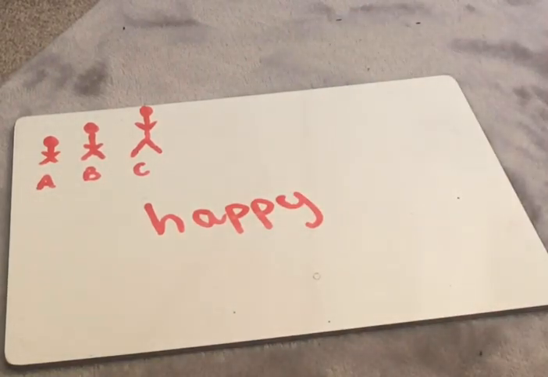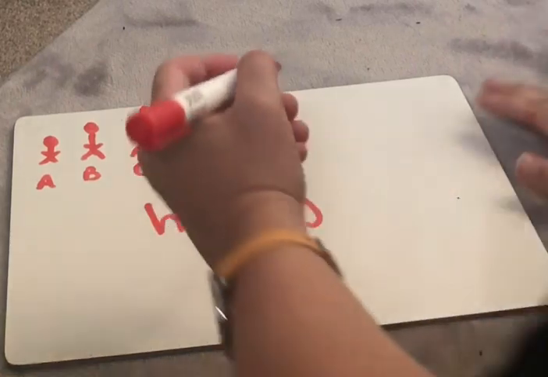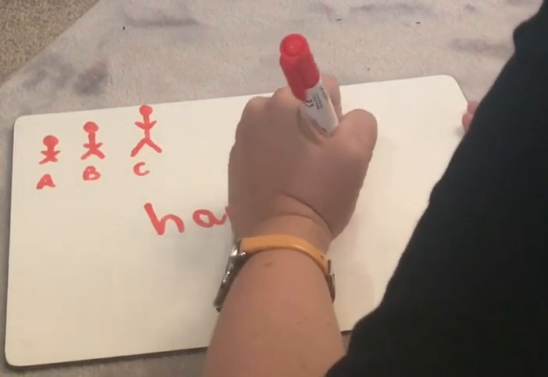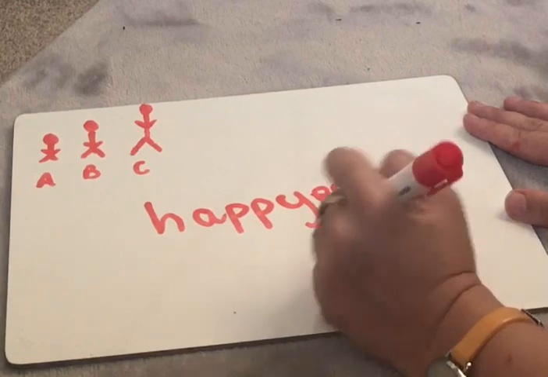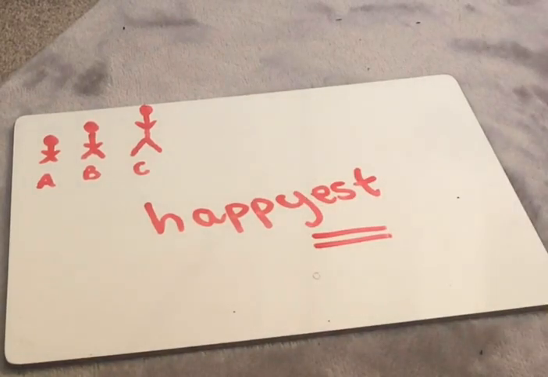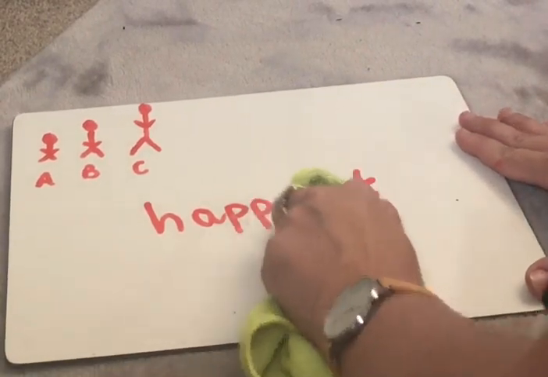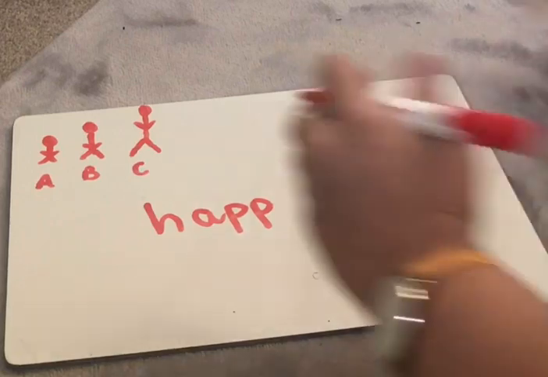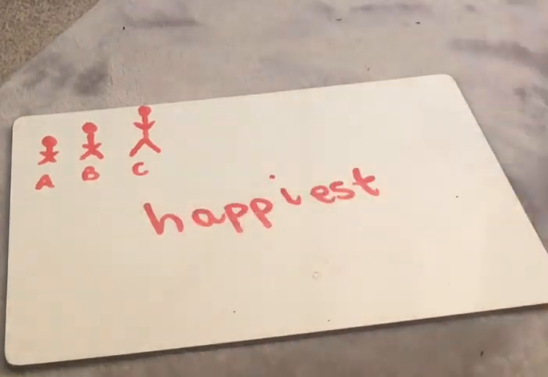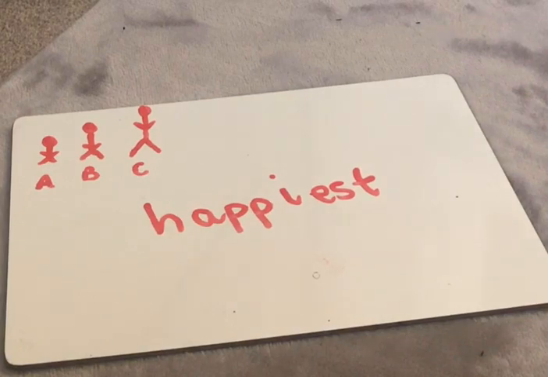So if I said I was the happiest girl in town and I wanted to add est. Now, I've never seen a word like that and I hope you've not either. What we do is we take out that Y and we change it into an I. That rhymes, doesn't it? Happiest.